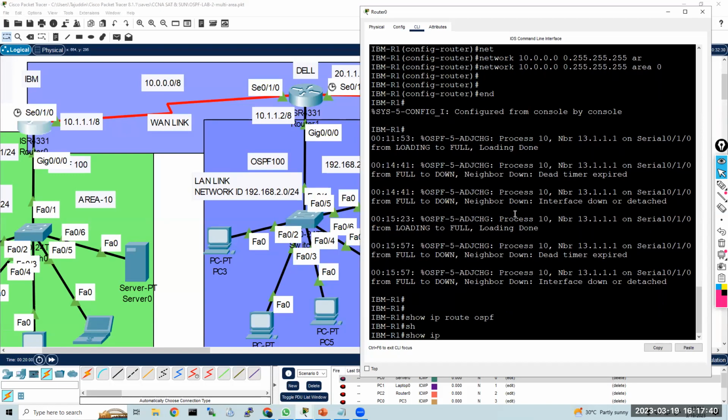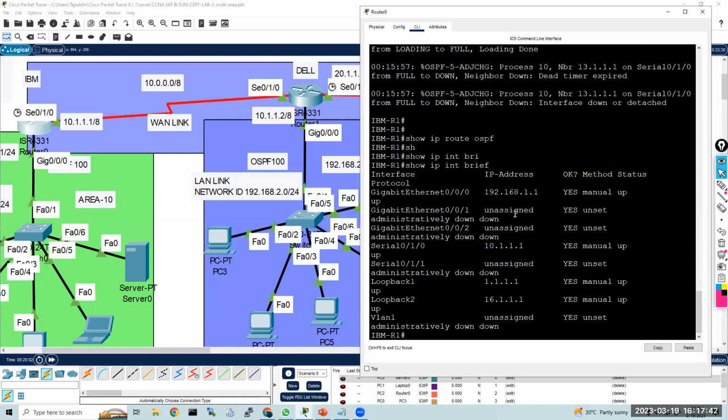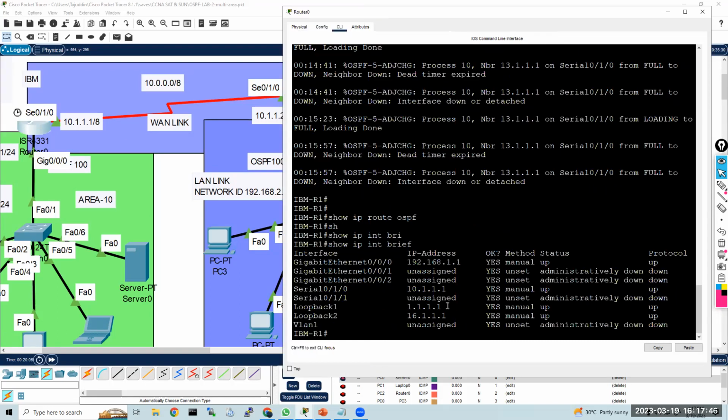Check slowly. Show run. Check the IP addresses, all the IP addresses we configured. Okay, this is 1.0 network and 10 network. Perfectly configured. So show run.